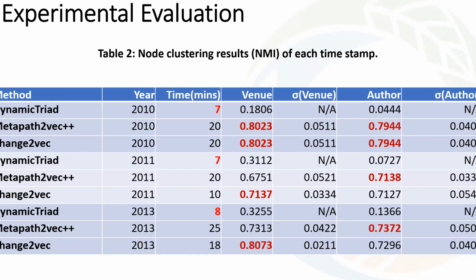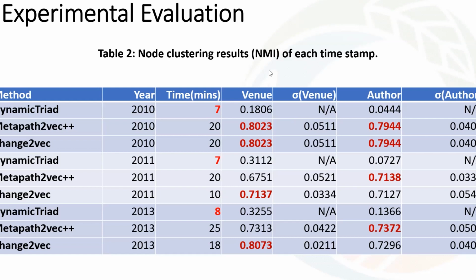But the thing is, dynamic triad is a representation learning technique for dynamic homogeneous networks, which means the algorithm treats different types of objects and different types of relationships in the given network as one type. And the price it pays is that the embedding accuracy generated by dynamic triad was very low. So this is the trade-off between efficiency and accuracy.